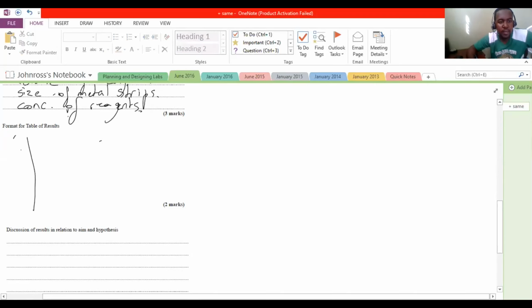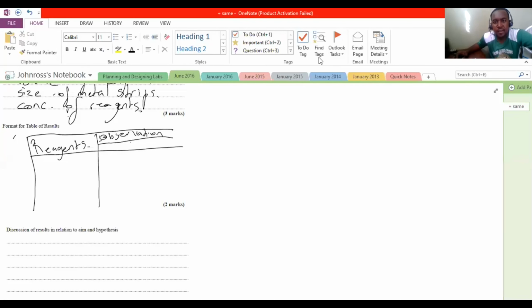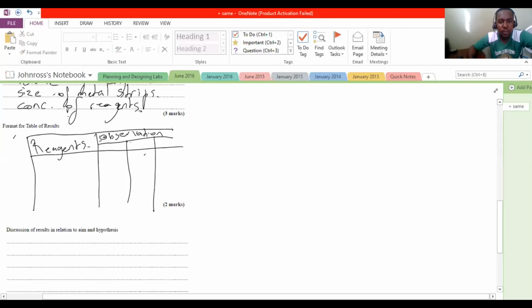So we can have the first column represent our reagents, then we have the observation section, and this observation section can be grouped into three different sections because we have three different metals.